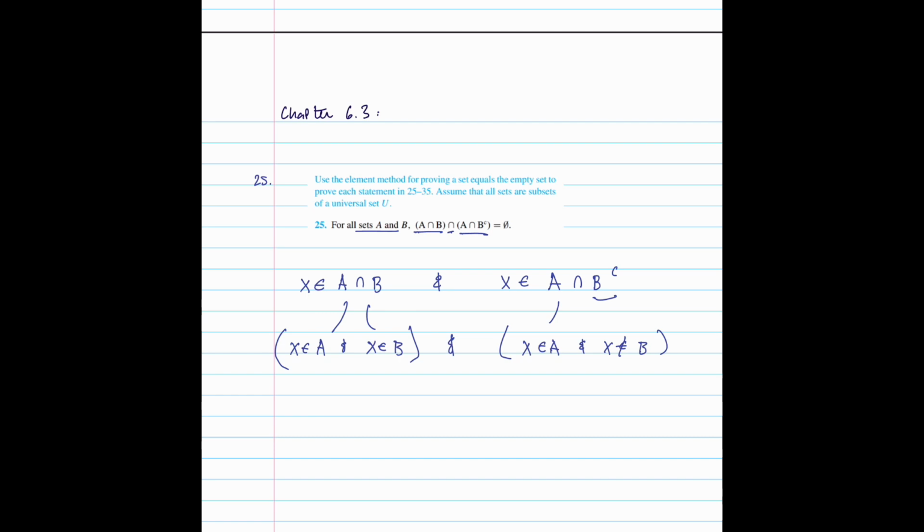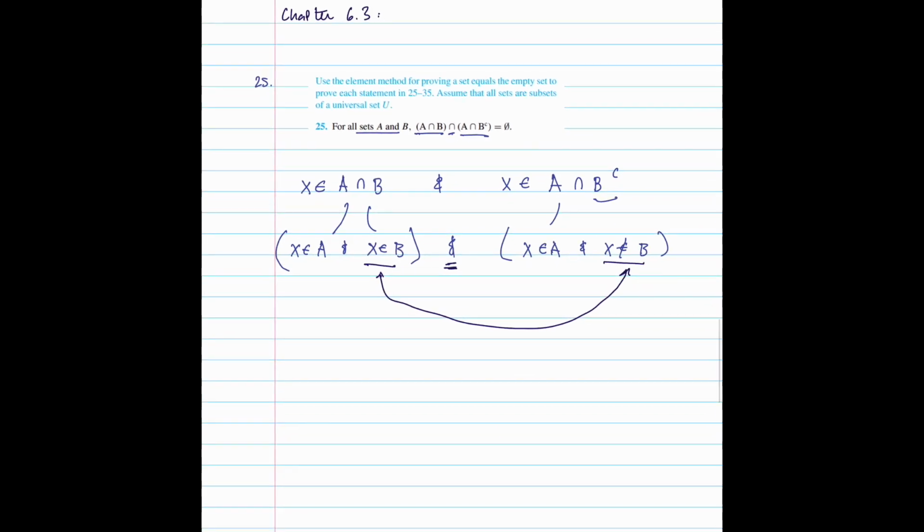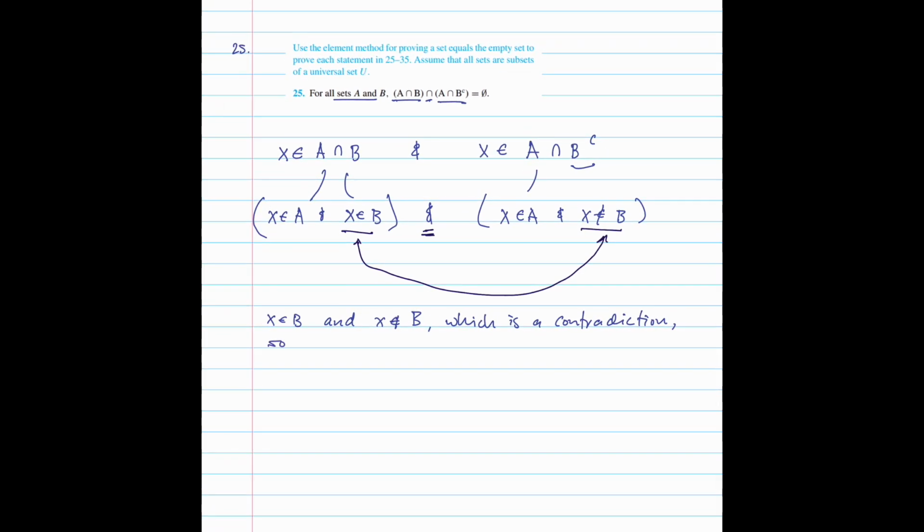So we can clearly see that there's a contradiction here, right? x is an element of B and x is not in B. That can't happen. So since there's this contradiction, the intersection between the two sets will be the empty set.